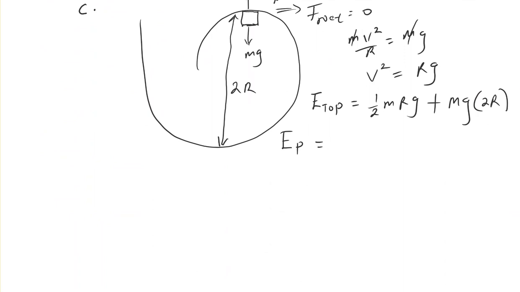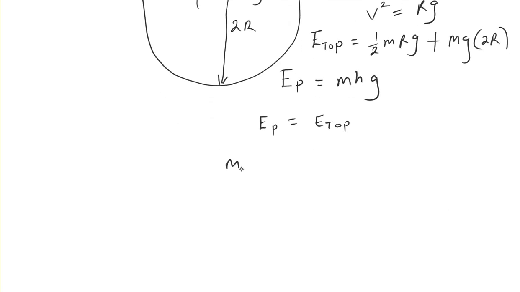And the energy there is just potential because it was released from rest, so it will be mgh. So we have energy at that point of release must be equal to the total energy at the top of the loop.